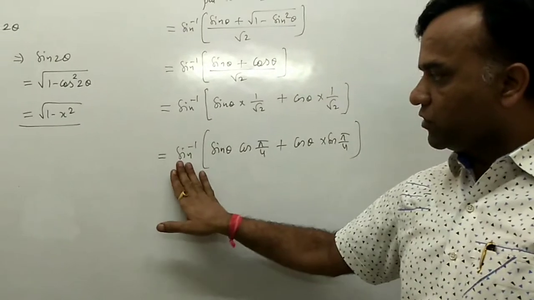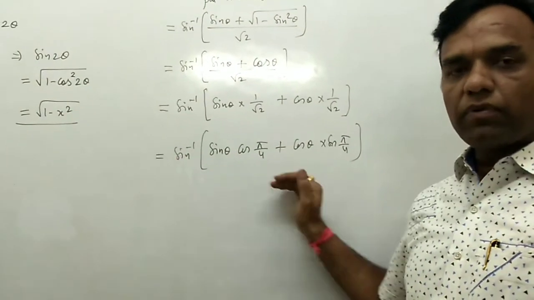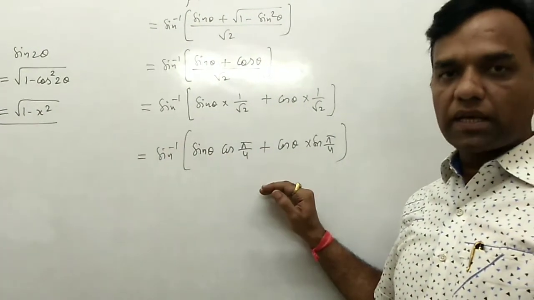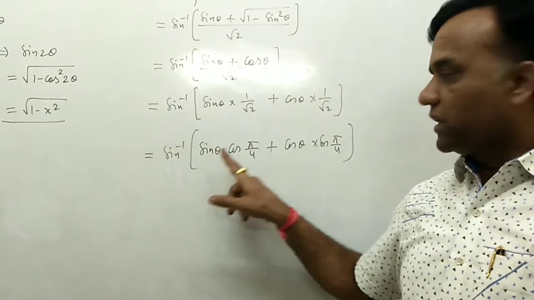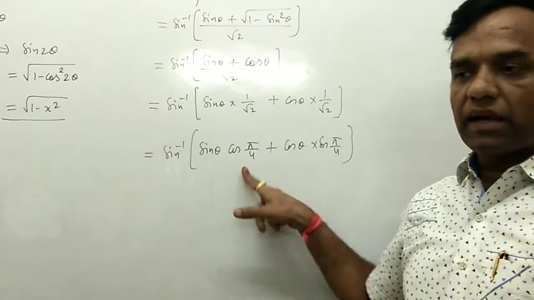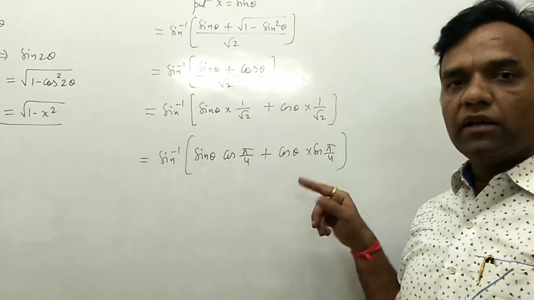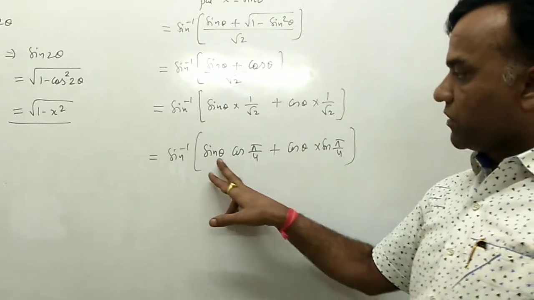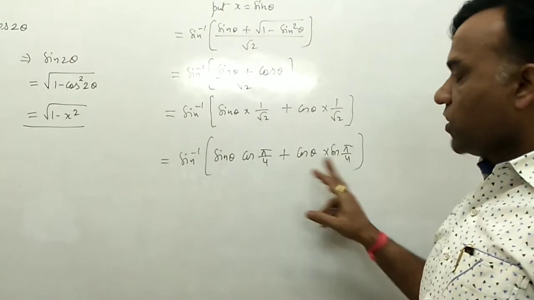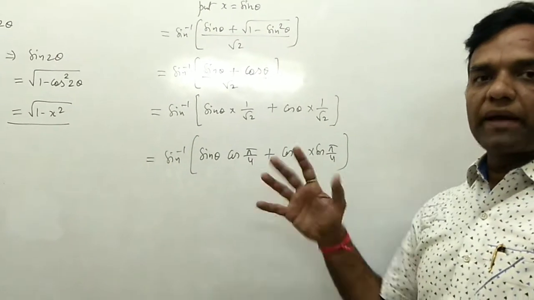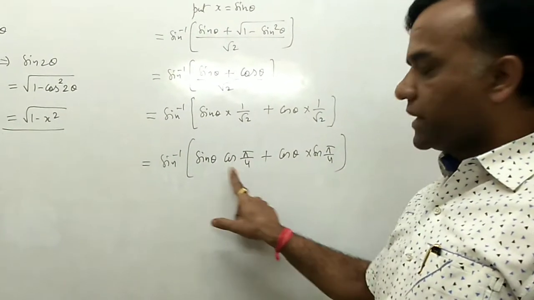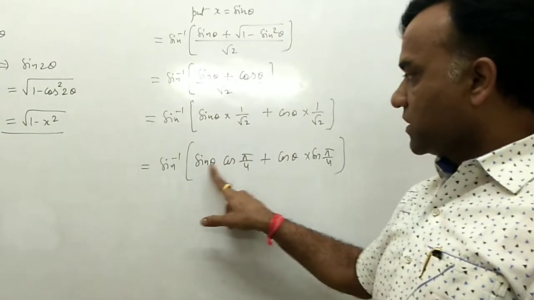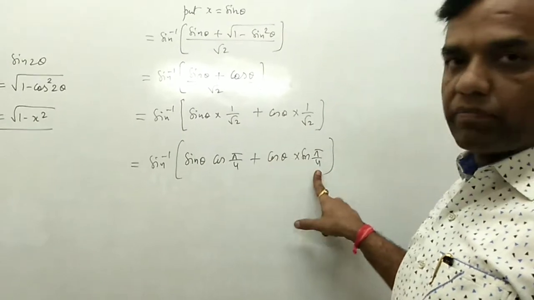Because the outside value is sin inverse, so inside first you make sin of something. One trigonometrical value is sin, and another may be cos, because sin A cos B and cos A sin B are required for the formula of sin. If we put sin and cos here, this formula makes cos theta, and the outside value is not cos theta, therefore we make the alternate trigonometrical terms: sin theta cos pi by 4 and cos theta sin pi by 4.